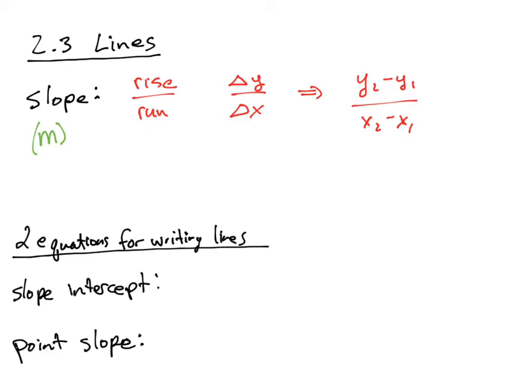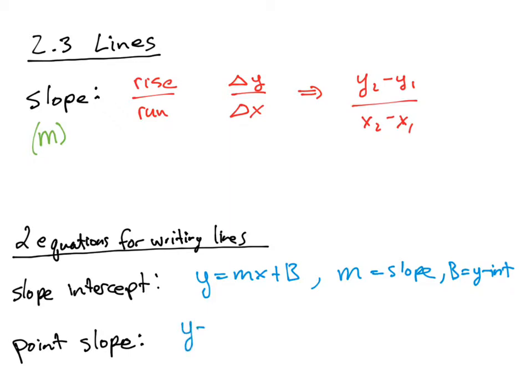Now there are two equations that we're going to use to write the equation of a line. The first is the slope-intercept form of a line, and that looks like this: y equals mx plus b, where m is the slope and b is the y-intercept. The second equation that we'll see is called the point-slope form.